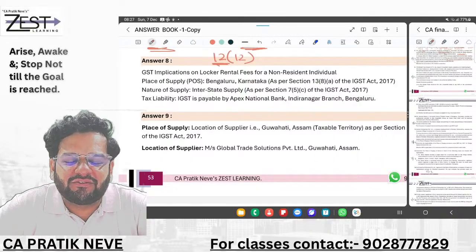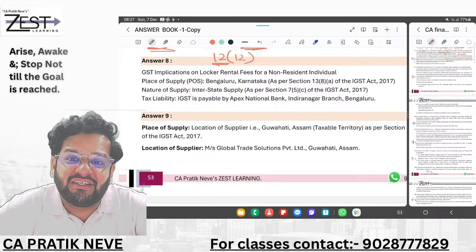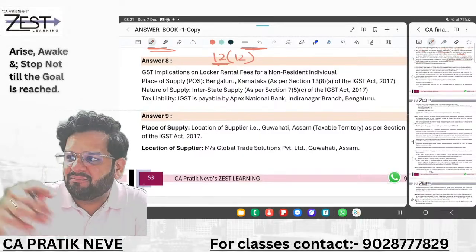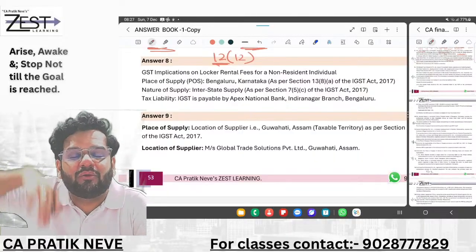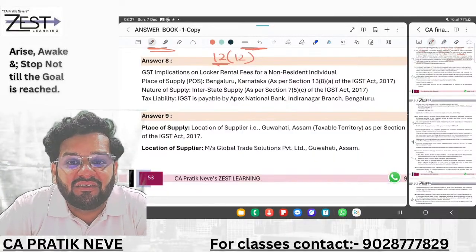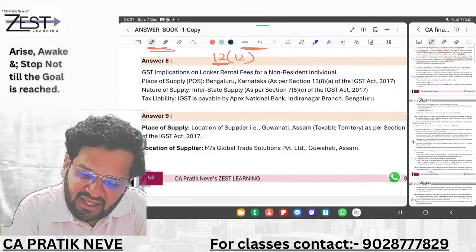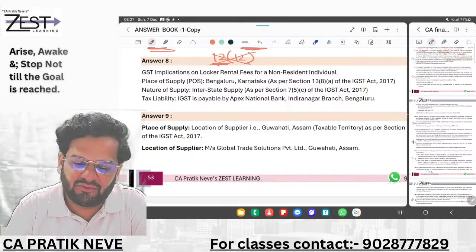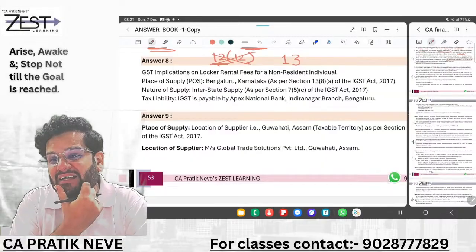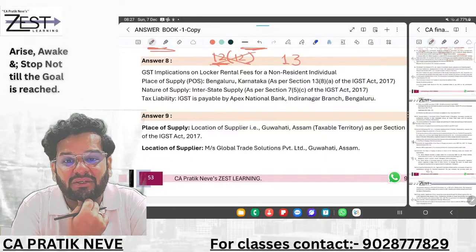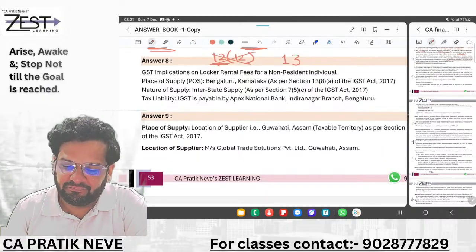Section 12 is place of supply of services where both supplier as well as recipient of supply is in India. But here, that recipient of supply is no longer now in India. He is in a foreign country. So you are not staying in 12. You will have to go to 13. Supplier is in India, but recipient of supply is outside India. You will have to go to 13.